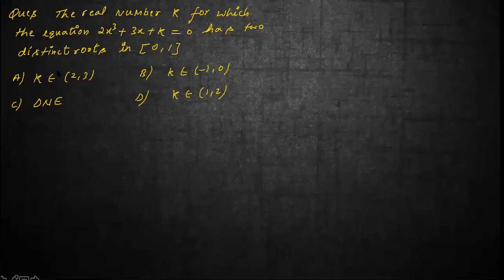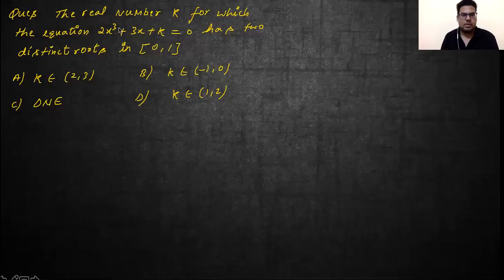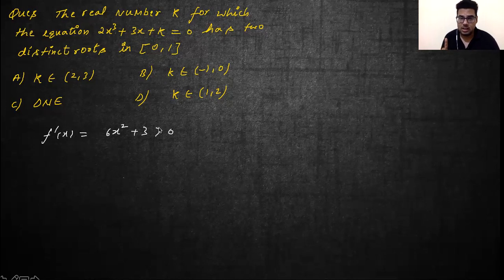So the question says that we have to find the range of the real number k for which the equation has two distinct roots in the interval 0 to 1. First of all, we have this function, and if we take the derivative, we have 6x square plus 3, which is always positive. The function is always increasing.